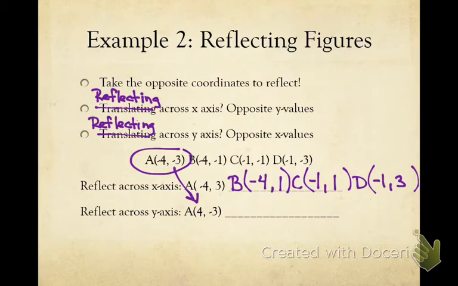Since I'm reflecting across the y-axis, I need to do the opposite of x. You see how it goes both ways? That's the easiest way that I can think of to remember it. Whatever axis you're reflecting, you do the opposite of the other value. So let's figure out B, C, and D.